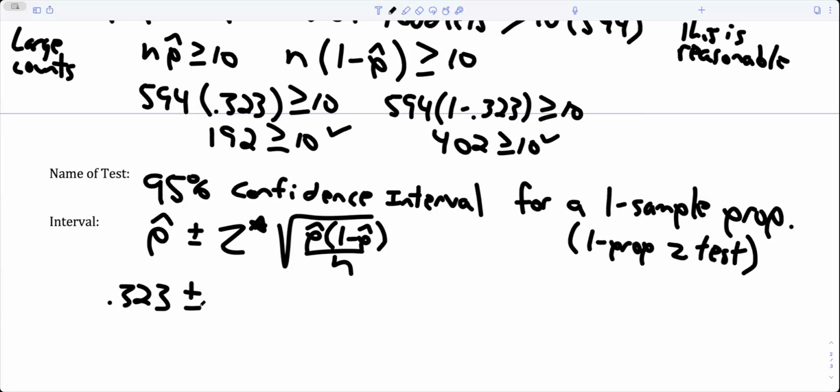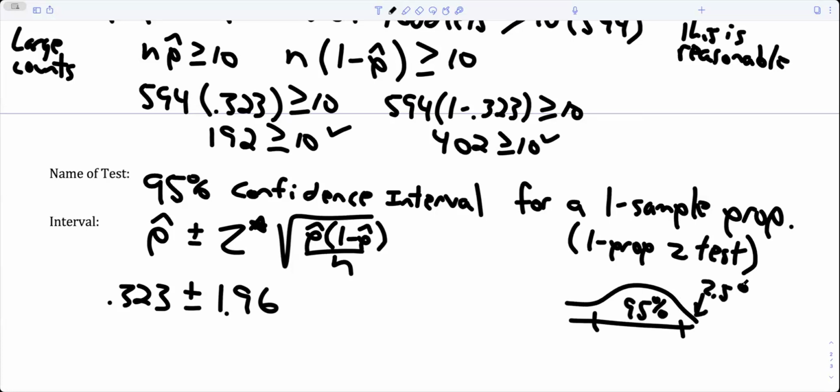I said it might be helpful to memorize that, but anybody? It is 1.96. And we get that from, I've got 95% in the middle, then there's 2.5% here and 2.5% here.